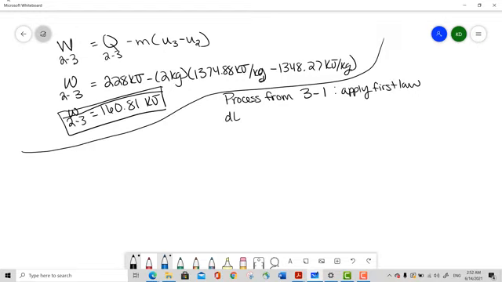So again, change in total energy. And then we again know potential energy, know kinetic energy, and we know that we can derive the change in U as U2 minus U1, but that U2 minus U1 in this case is going to be U1 minus U3, 3 to 1 minus work 3 to 1. Okay.